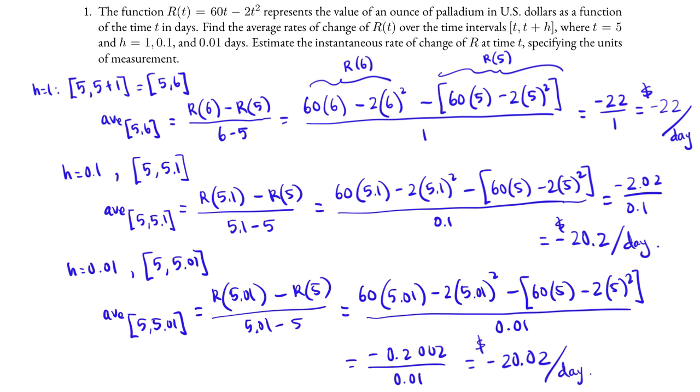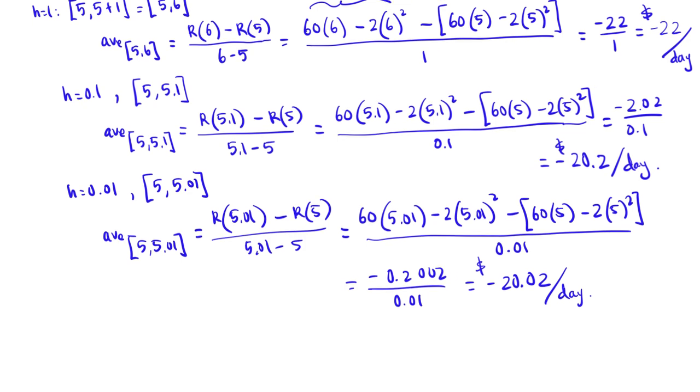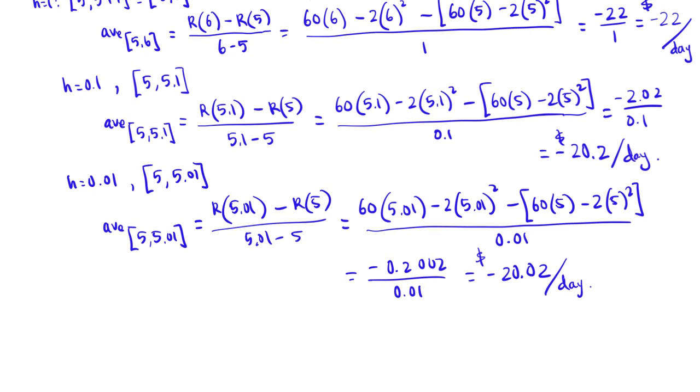We were given 3 h values, and we computed 3 average rates. We also see that the intervals we computed are getting smaller and smaller as h goes to 0. In this case, we obtain the instantaneous rate of change.